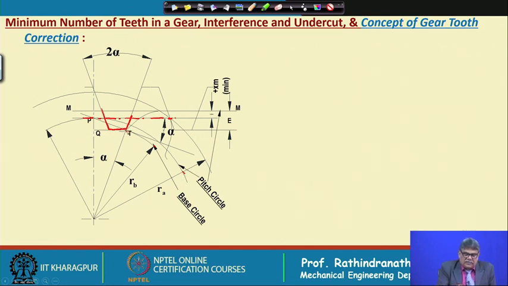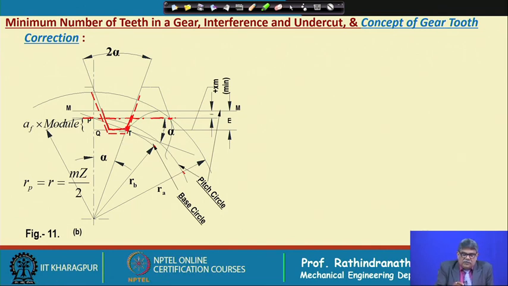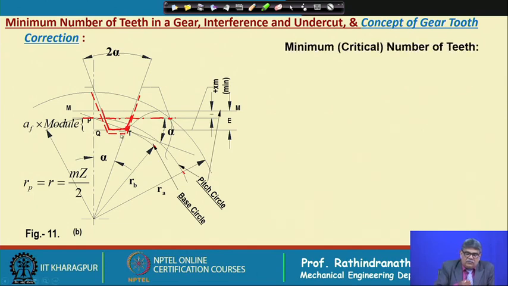So, the contact can start at this point T when it is meshing with the basic rack, and if we now consider that the extra portion of the cutter will go inside the base circle, or even if this point moves here, that will go below the base circle, but that will not affect the gearing motion, as the contact will always remain on the involute portion.